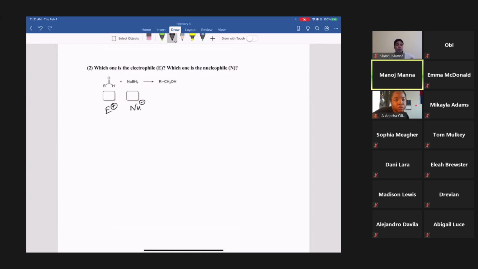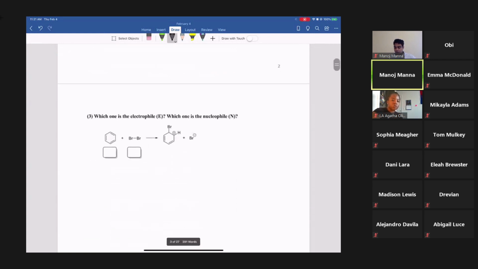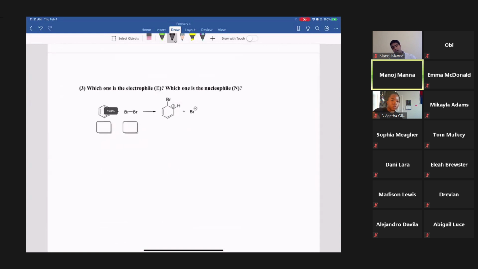So this is an electrophile, and this will act as a nucleophile. Because these are different reactions, this is called a reduction reaction. But anyway, I just want you guys to recognize what an electrophile and a nucleophile are. Then it will help us in the future.